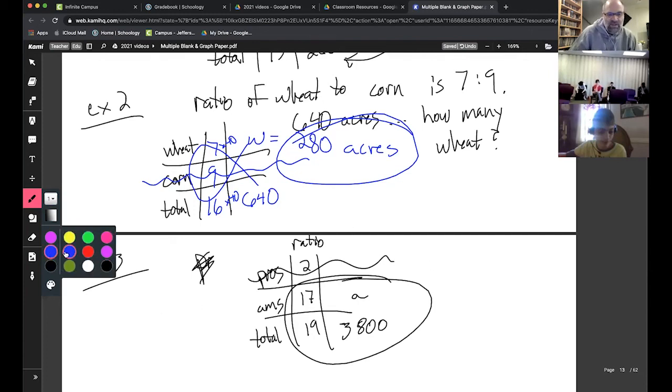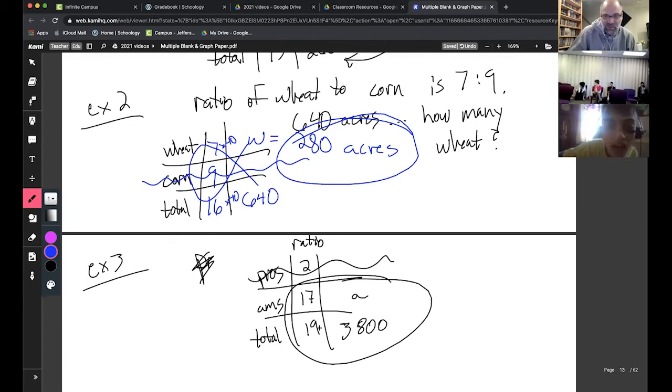You could multiply and divide, but I'm noticing that 19 goes into 38 2 times. So with 2 more 0s, that's times 200. So what's 17 times 200? Can you do that in your head? 3,400. Perfect. Very good.